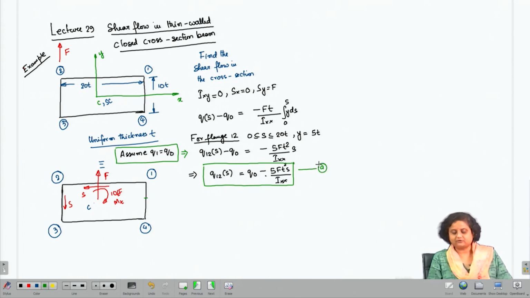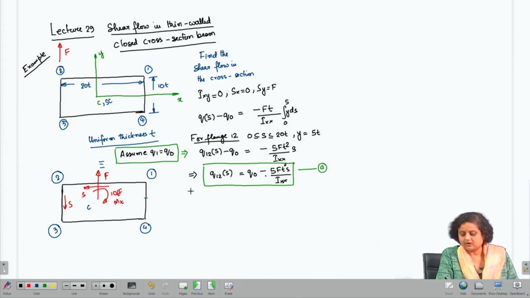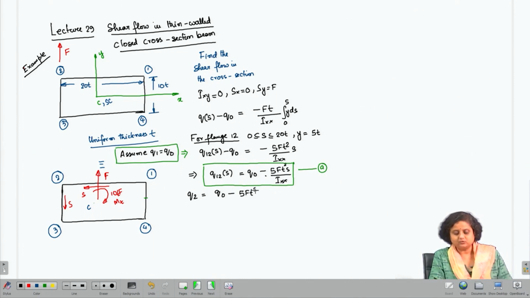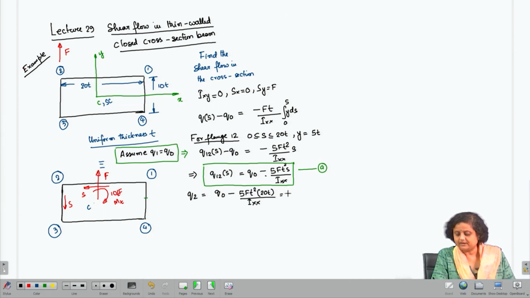Now, from this expression we can find out Q2, where Q2 is going to be Q0 minus 5 F T square, with S equal to 20T, by Ixx, which is going to be Q0 minus 100 F T cube by Ixx.